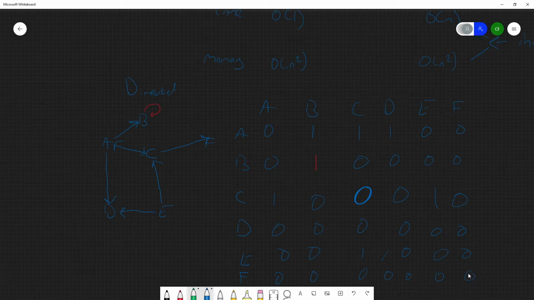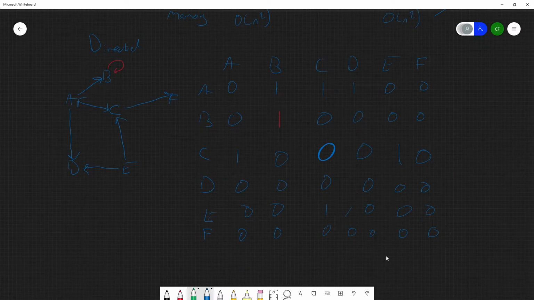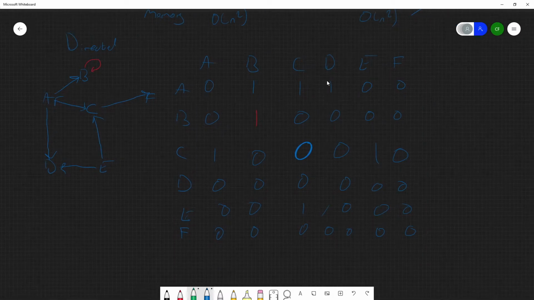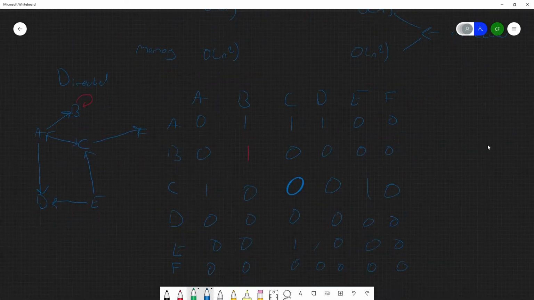Once again, a whole lot of zeros, even more than last time. What we see here is that it is no longer symmetrical. And there are in total fewer ones because there is less data in the graph technically, because you cannot go from F to C as before you could.